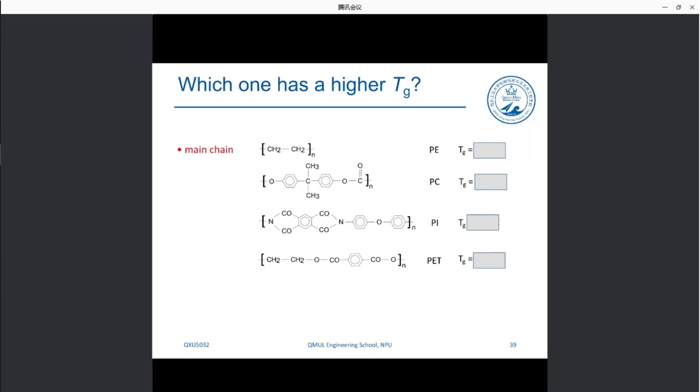Polymer group, very well. Let me check the materials. Yes, obviously, we have the TG of the PI, polyimide, being higher than the TG of polycarbonate, being higher than the TG of PET, and then we have the lowest TG of PE.